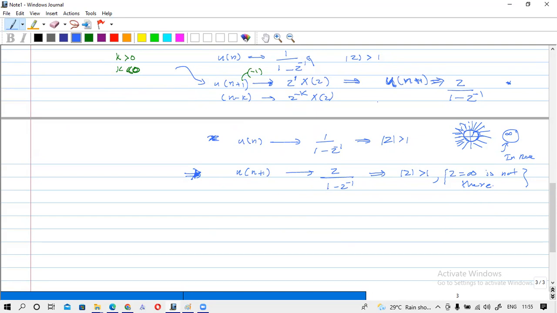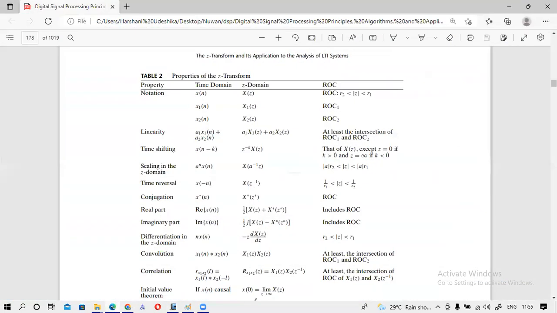Now we will move to the next property, the time reversal property. If I time reverse this n plus 1, what will be my output? You can remember the time shifting property; this will be the time reversal property.